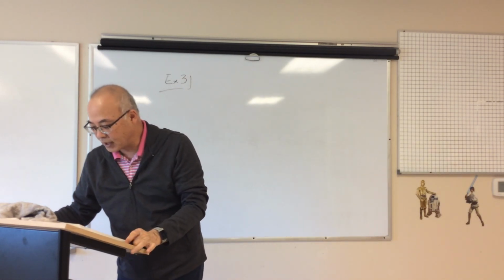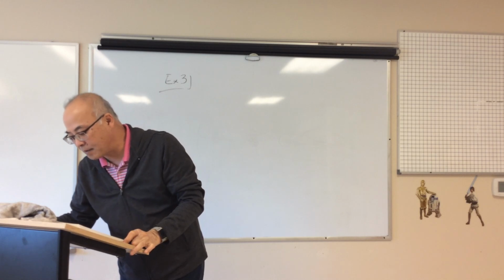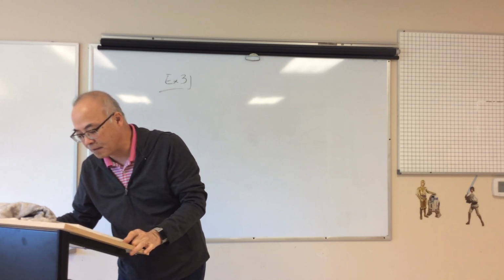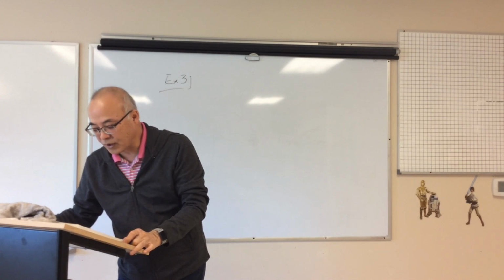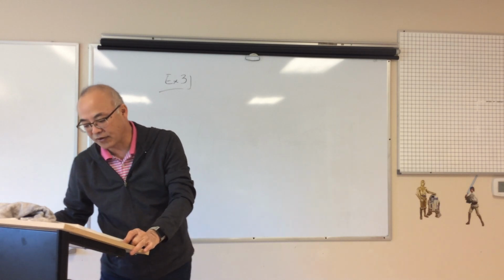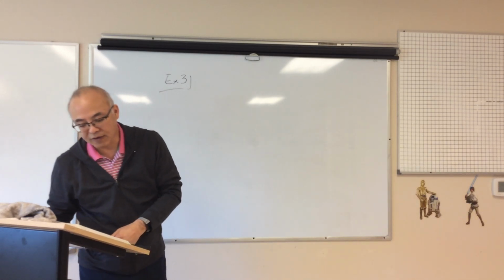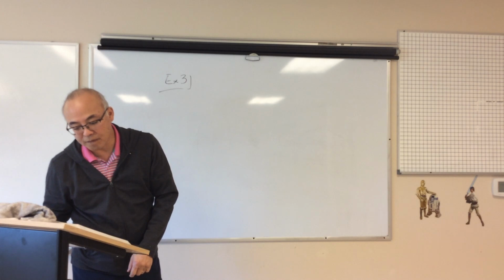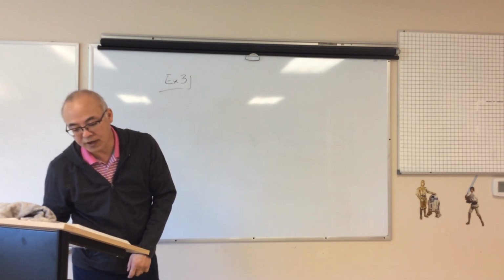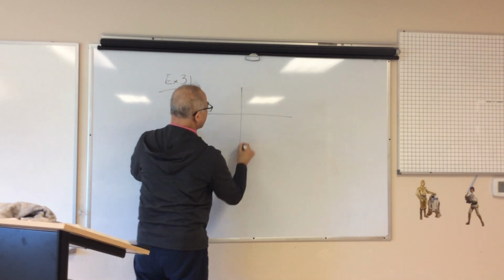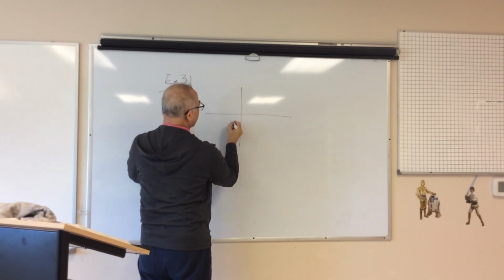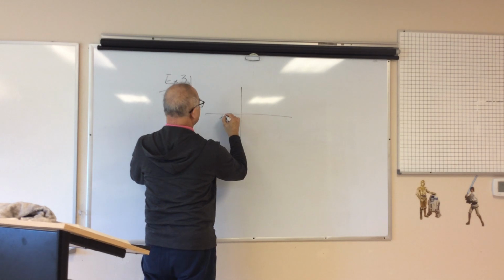Find the standard form of the ellipse that has the endpoints of the major axis at -2, -1 and 8, -1, and the minor axis has a length of 8. So here we go. -2 and -1.